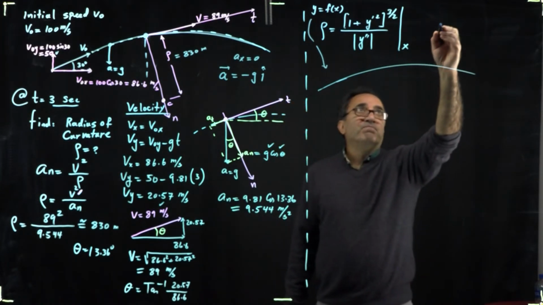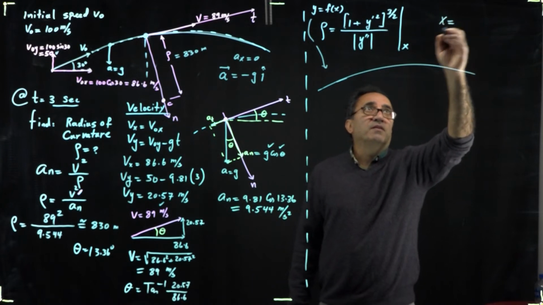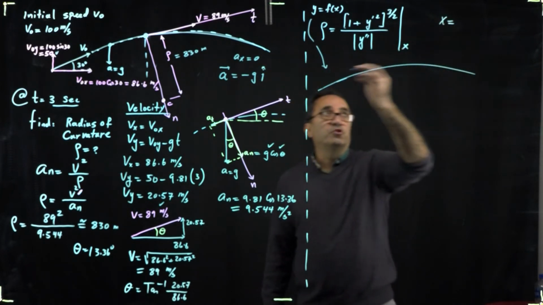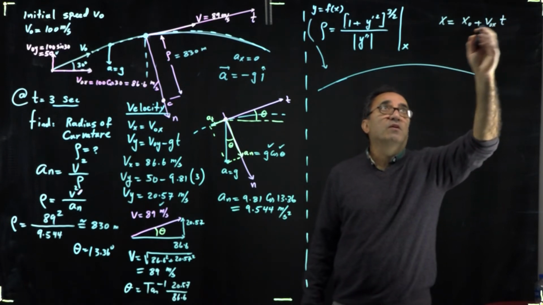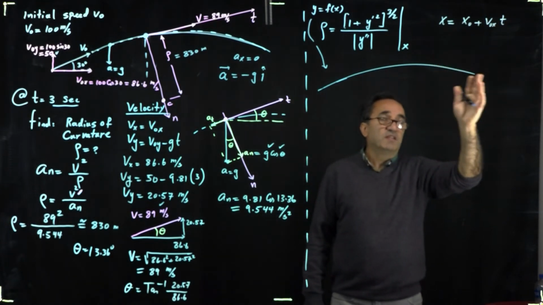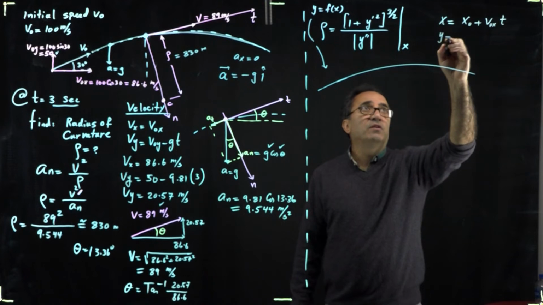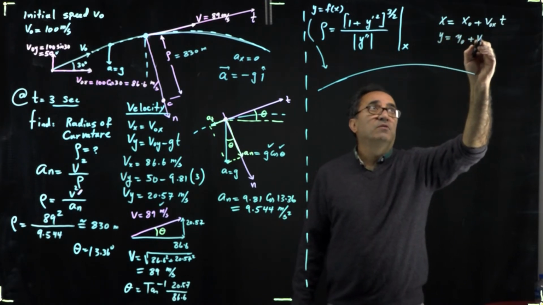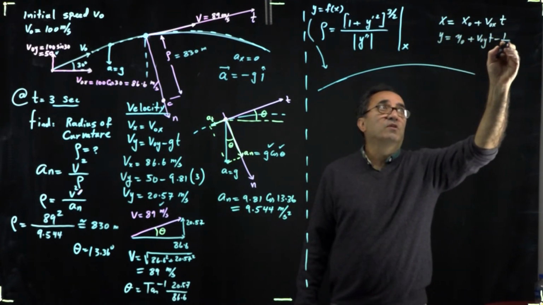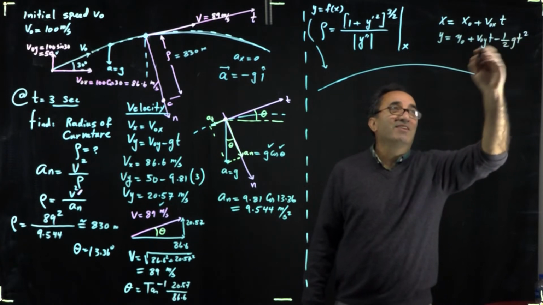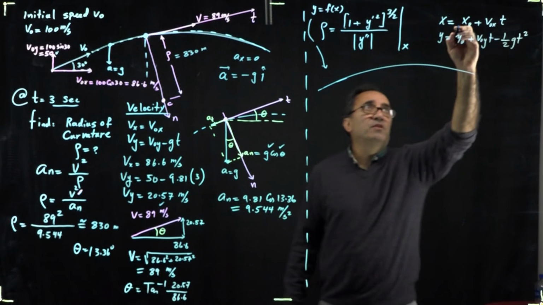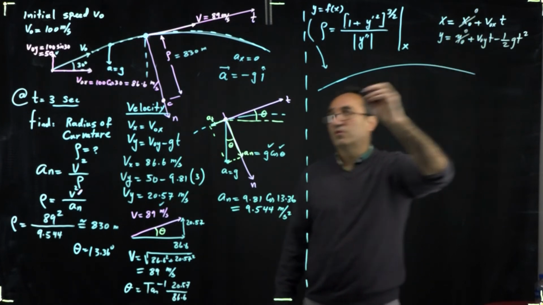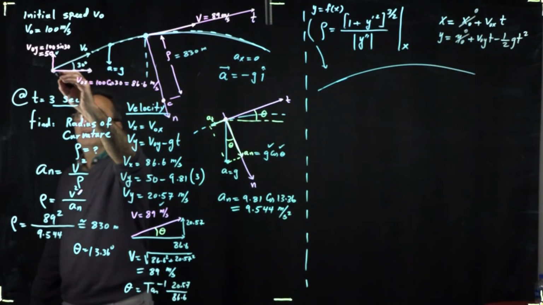Now, remember, the equations describing the position of the projectile are x equal x0 plus v0x t, based on the constant velocity in the x direction, and in the y direction, which is what we are interested in. But remember, this equation right now is a function of time. So go ahead, plug in. Now x0 and y0 we set equal to 0 because we can pick our reference right here.